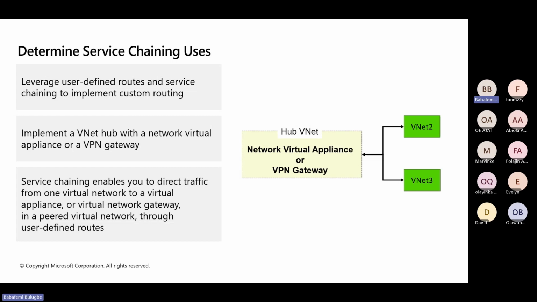Then from there, because we want to make a connection to the on-premises environment, you can also create a connection from your virtual network or from your appliances to maybe the internet. So you are the one determining where the traffic should go after hitting your virtual network. So that's what service chaining is just talking about.